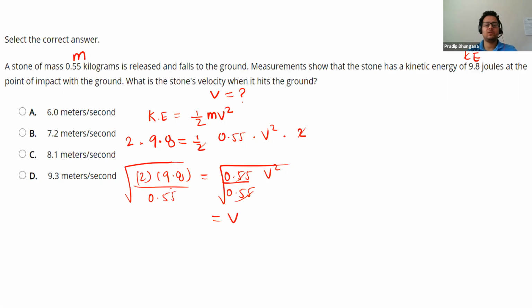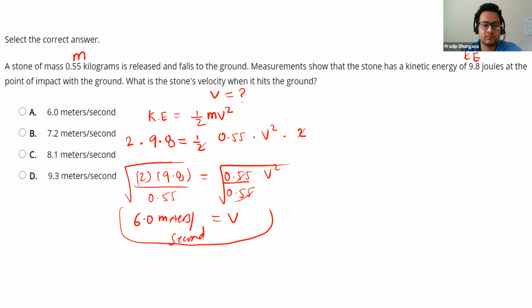Then calculate the value on the left-hand side using a calculator. That would be around 6 meters per second. So the correct choice is A for this problem. That is the velocity of the stone when it hits the ground.